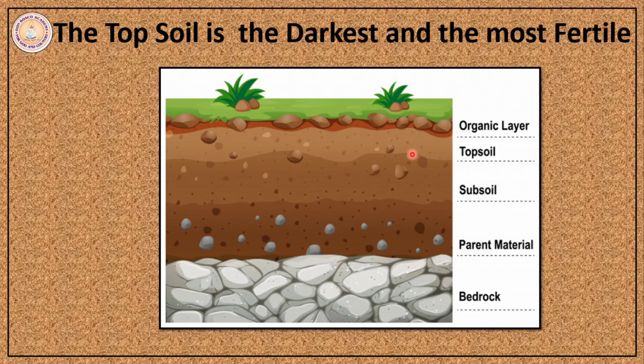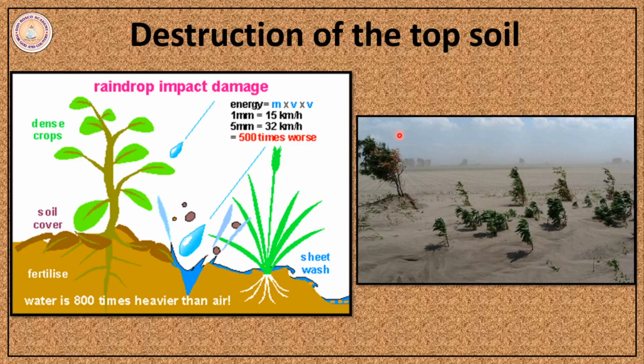Now, this soil is getting removed or destroyed by the action of water. See over here how when raindrops fall on the soil, it detaches the topsoil from the layer and washes it away.